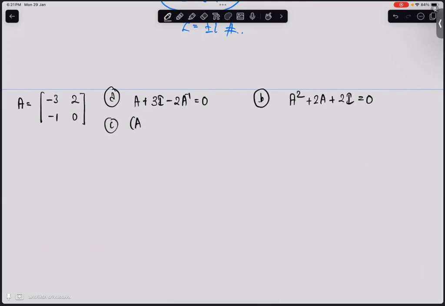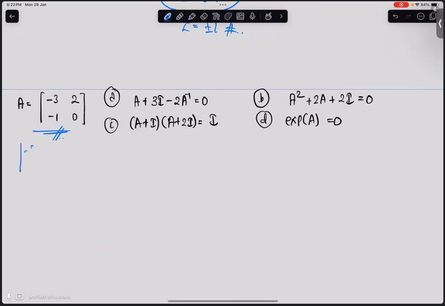C: (A plus I)(A plus 2I) is equal to I, and D: exponential of A is equal to 0. So when you see these type of questions, just immediately understand that the question is asking you to get the characteristic equation of this matrix.